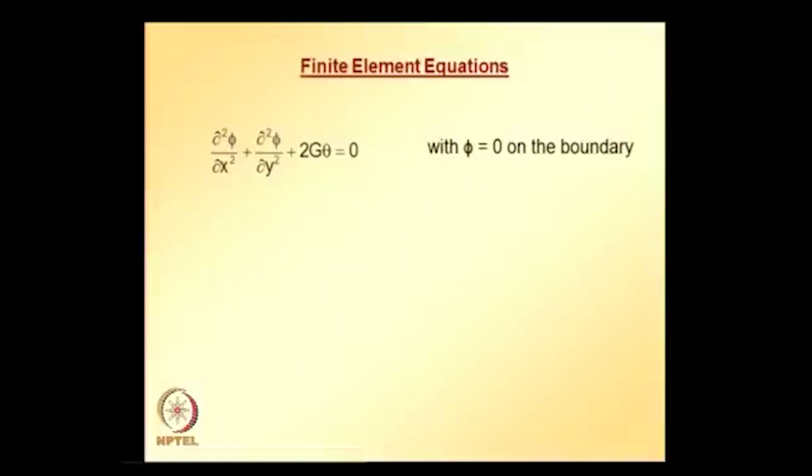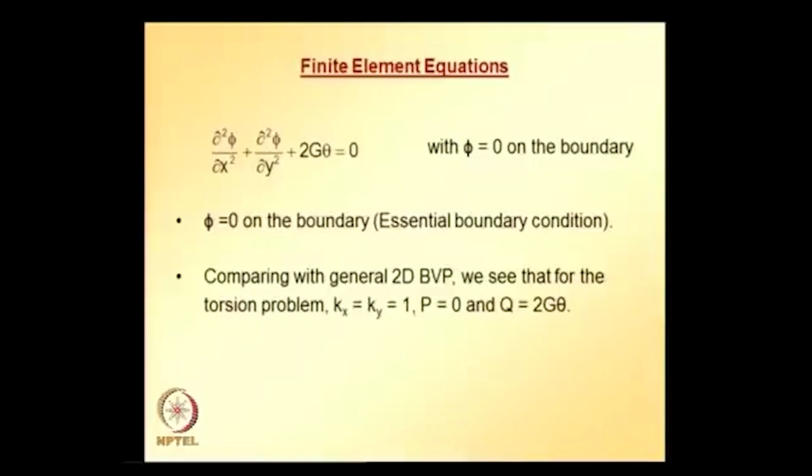So, this is the governing differential equation subjected to the boundary condition that stress function is equal to 0, the essential boundary, and comparing this equation with the general 2 dimensional boundary value problem that we just briefly reviewed, we see that kx ky is equal to 1, p is equal to 0, q is equal to 2 g theta.